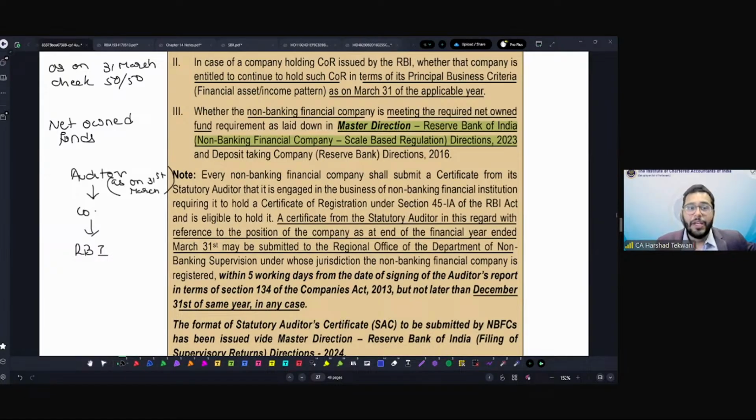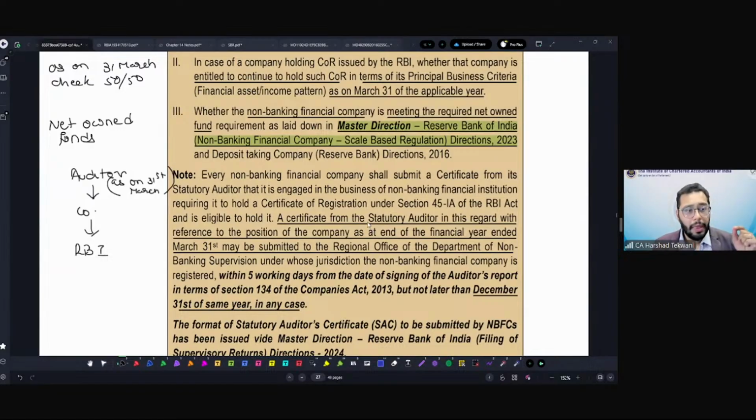So they will not be eligible to hold. So as on 31st March, it is required to be reported. Clear with this? Yes or no?